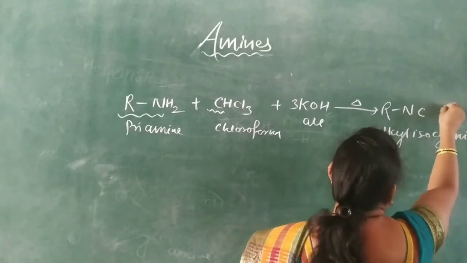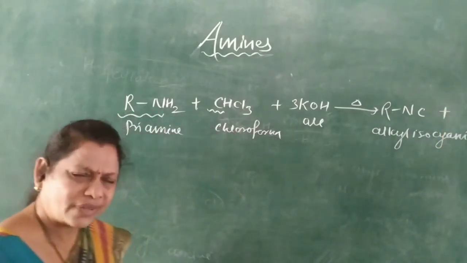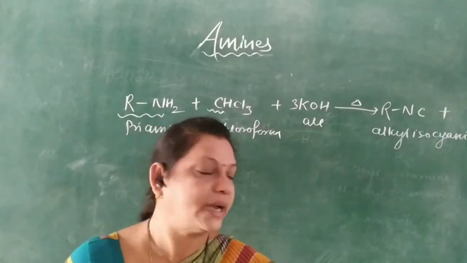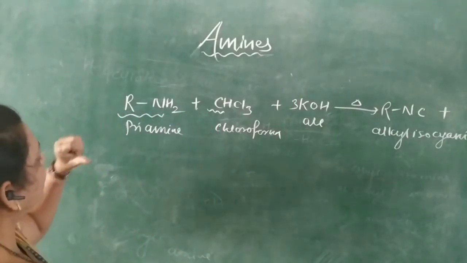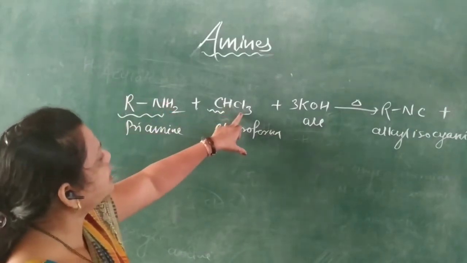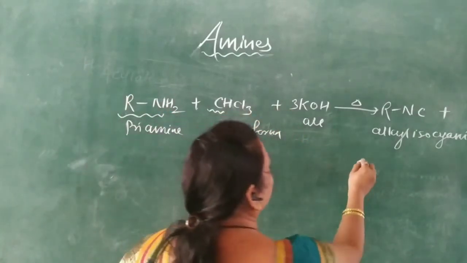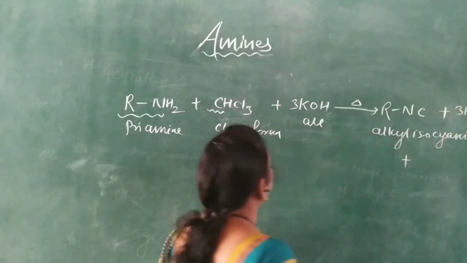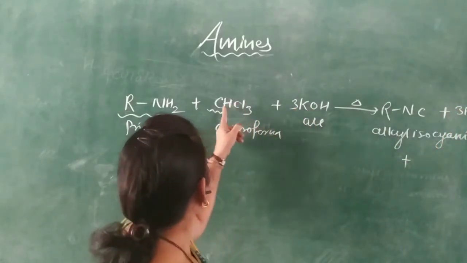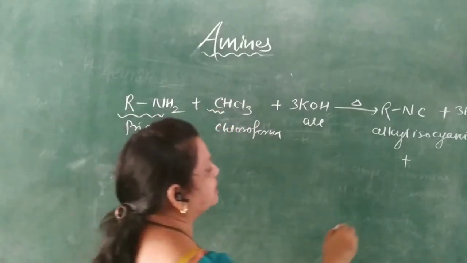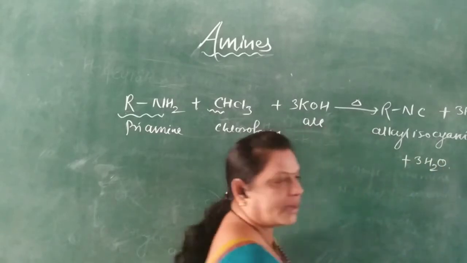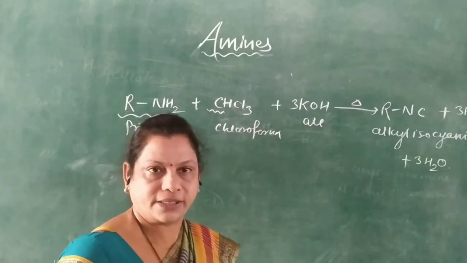Alkyl isocyanide has some characteristics because of the isocyanide group. Then the 3Cl combine with 3K to form 3KCl, and the remaining 3OH and 3H form 3H2O. This is the carbylamine reaction.